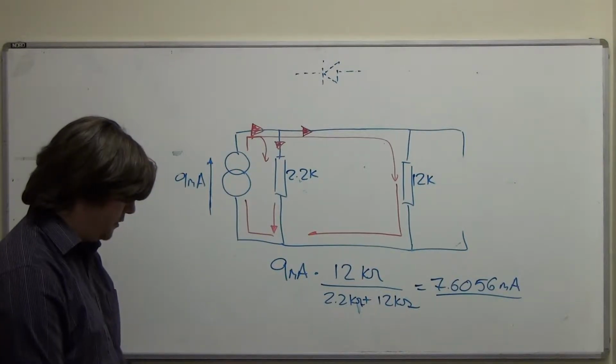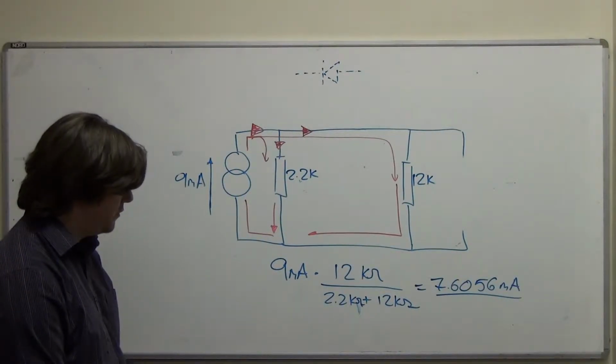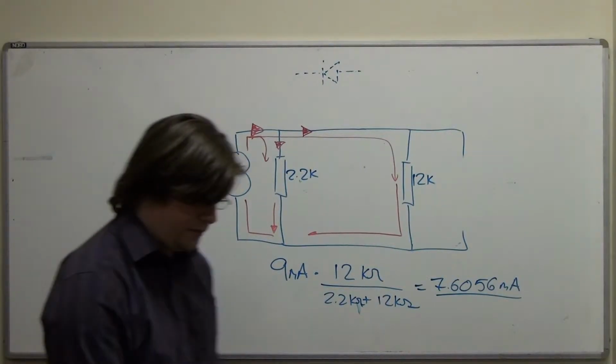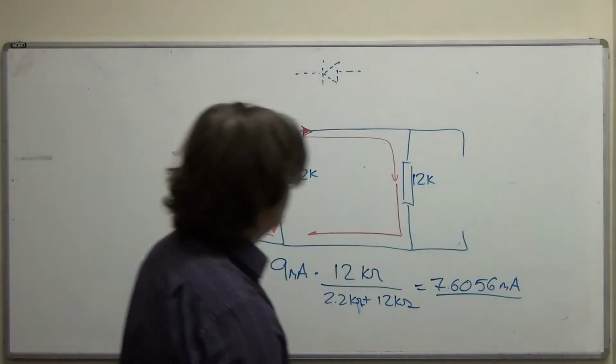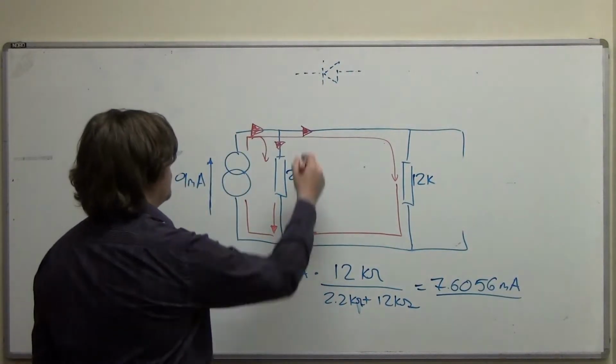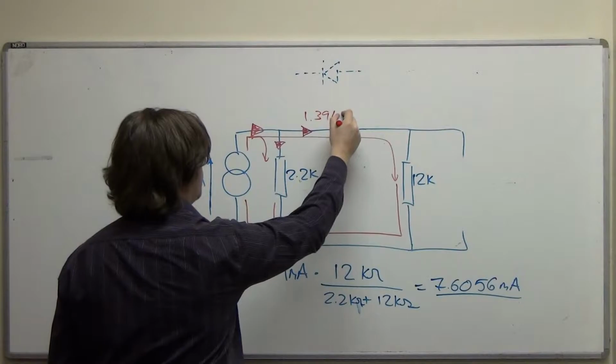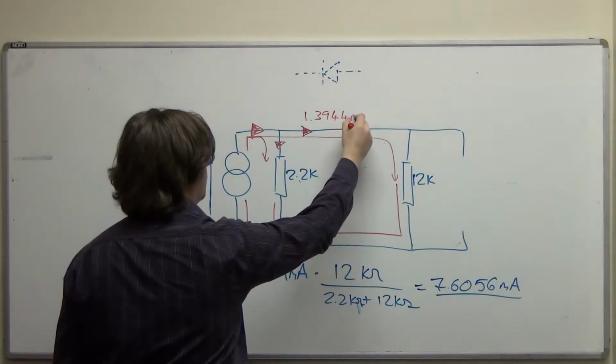So we'll have 9 minus 7.6056, 1.3944. So for my current here, I've got 1.3944 milliamps.